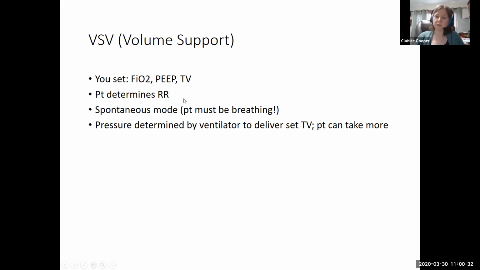The difference for this mode is that you do not set a respiratory rate. The patient has to initiate every single breath. However, in contrast with pressure support, you are guaranteeing them a tidal volume, and the machine will give you whatever pressure is necessary to get up to that tidal volume, of course, within certain limits.